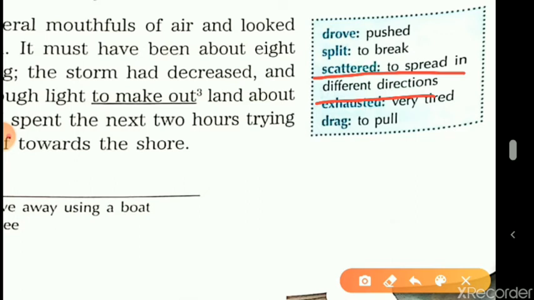Generally, it happens when children are in the room, and when they leave, they scatter all the things around and make the room messy. So, the sentence on scattered is toys and books were scattered around the room.